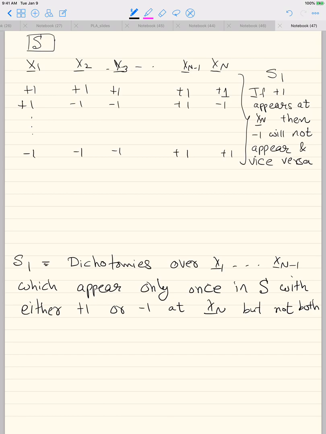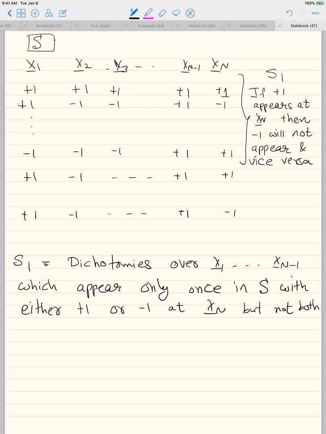For S2, we will have the vectors where the prefixes where both +1 and -1 appear. So for S2, we will have, say, +1, -1, and like this. And +1 will appear, and another copy of this, +1, -1. So this is in a sense a duplicate. This vector is a duplicate of this.